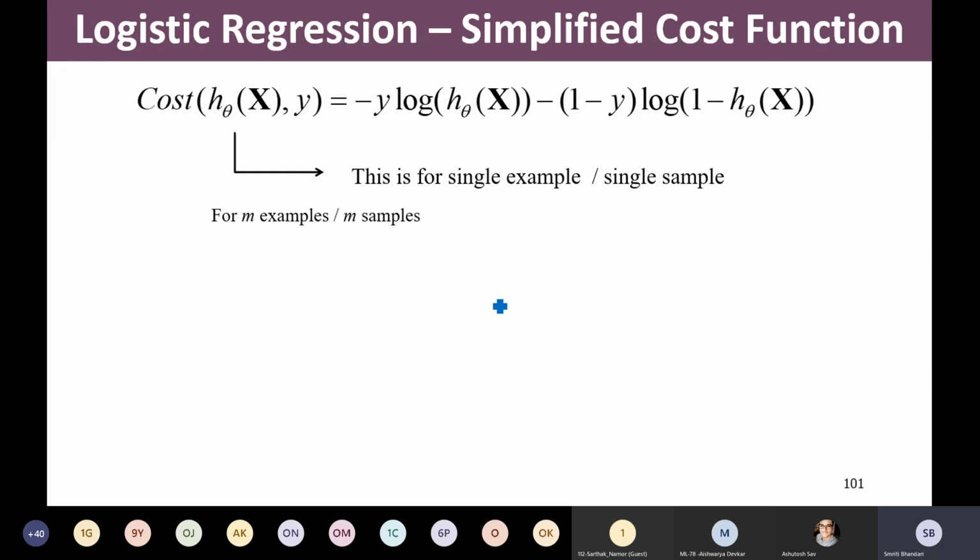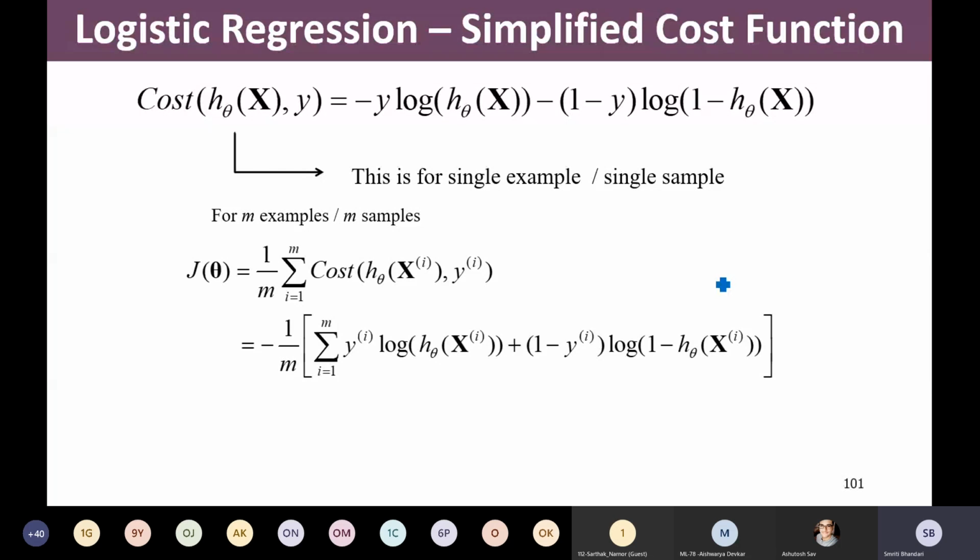But actually, we have m examples in the data set. So we should come up with a cost function that will provide us a cost for m examples in our training data set. And that is why we have here our cost function for m examples.